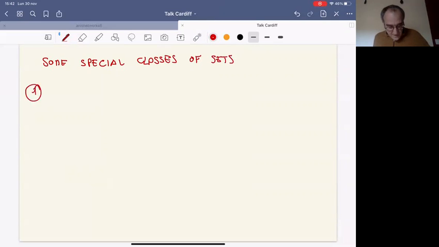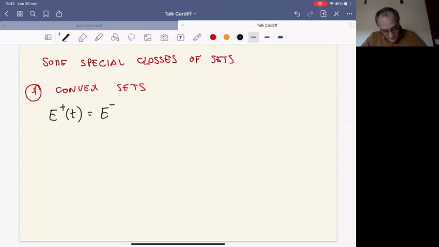The first one is convex sets. For convex sets, one can show, and this is in fact interesting, that E plus of t is always equal to E minus of t, well, let's say up to closure, because one is closed and the other is open.